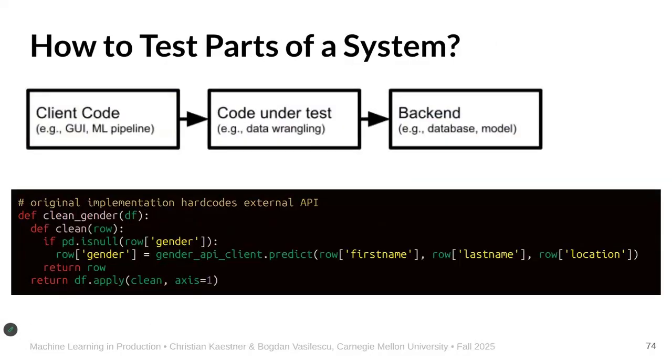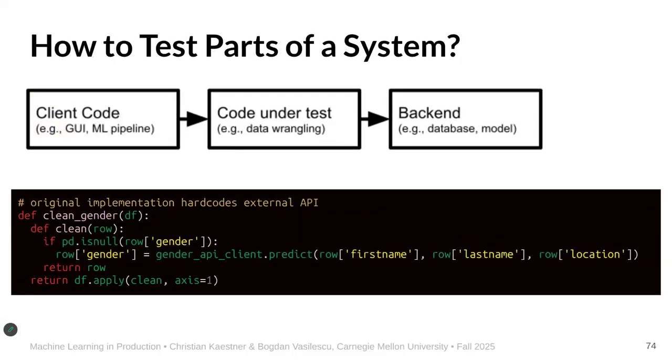If you have code that you're testing, like the data wrangling code, that's launched by some other code, needed by some GUI or by the pipeline code, and it relies on some other code, like a database, how do you test that? Do you first need to start a fake database with some fake data and then have a user click a button? Probably not. You want to automate this more, so you want to only test this part in the middle, even though it has dependencies.